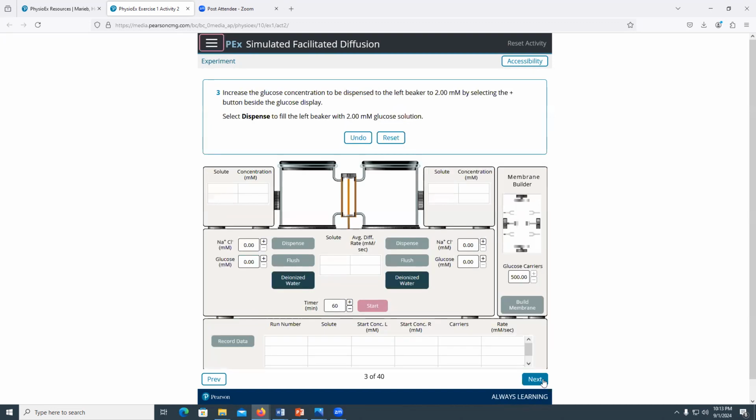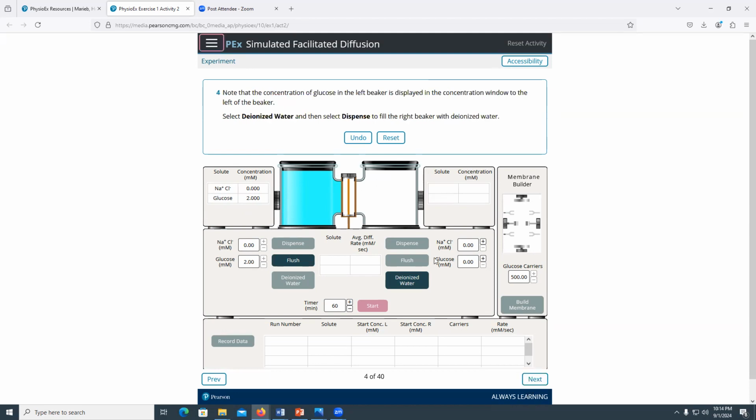We did that. And then we're going to increase the glucose concentration to 2 millimolars. And we have nothing to do with sodium chloride. And let's dispense that. So this solution that we dispensed on the left beaker contains what's on this board, which is 2 millimolars of glucose and 0 sodium chloride.